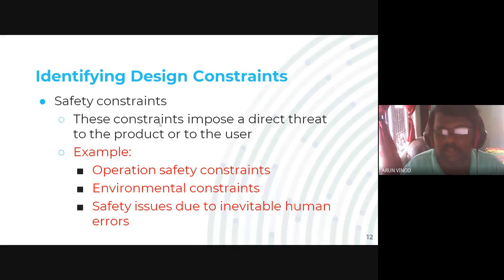So this is what is called the constraint for the product, a threat to the product or to the user. Operation safety constraints, environmental constraints, and safety issues due to inevitable human errors. So you have to take these constraints into account while designing the product. Okay.